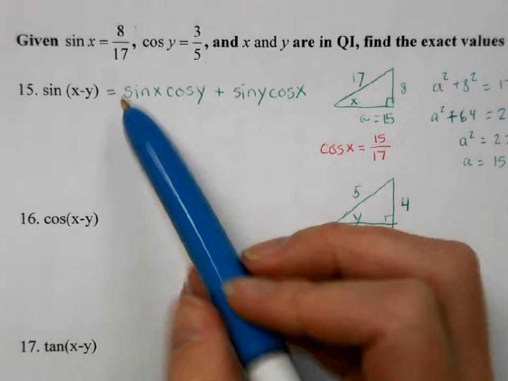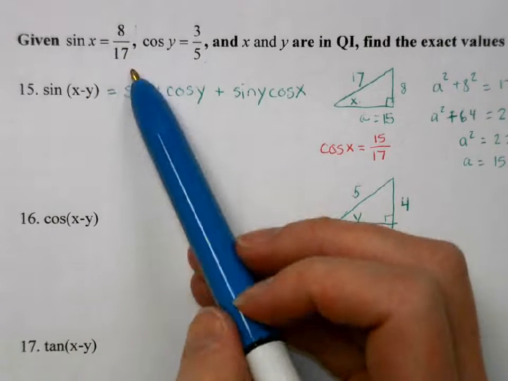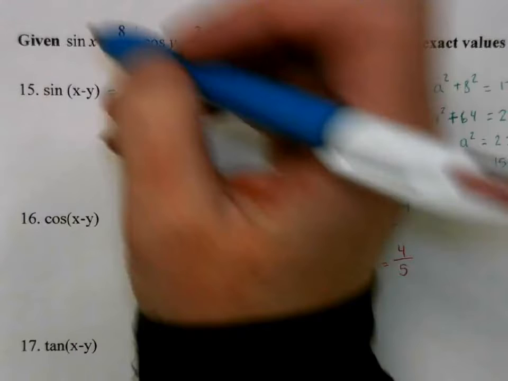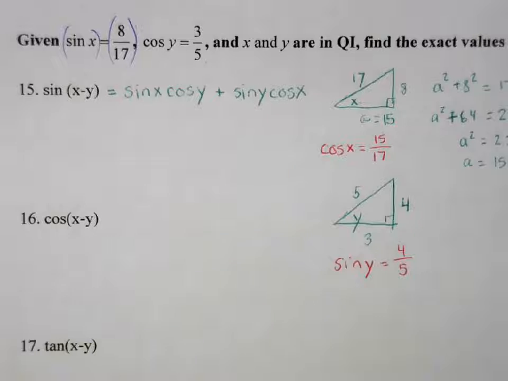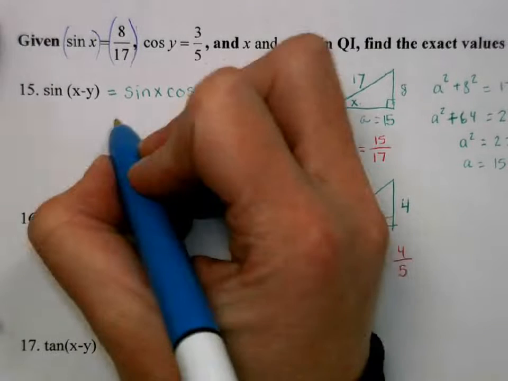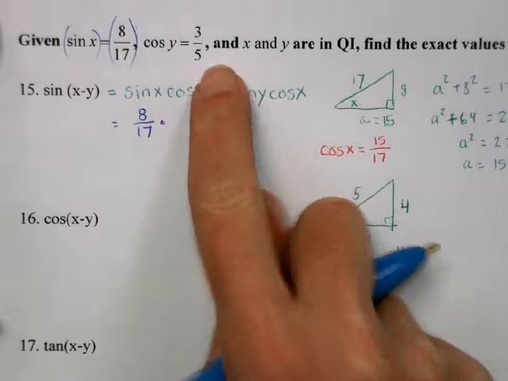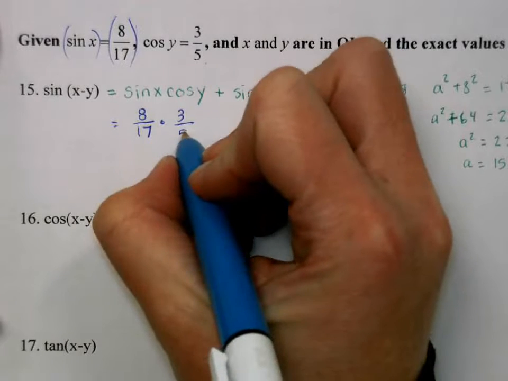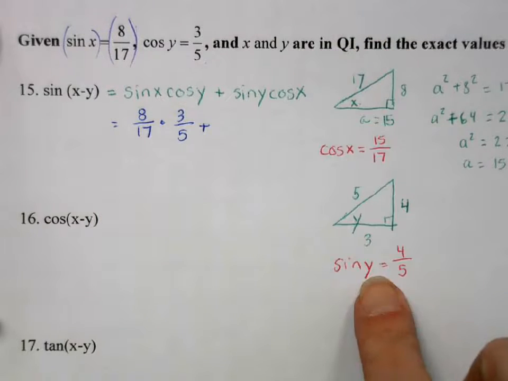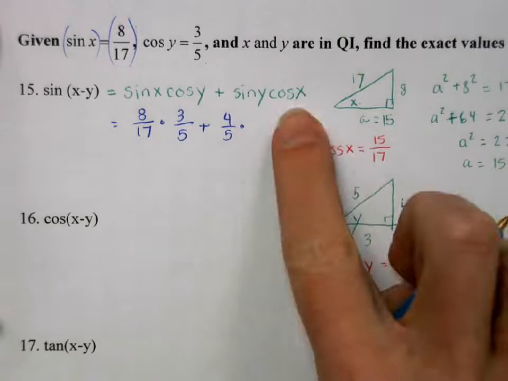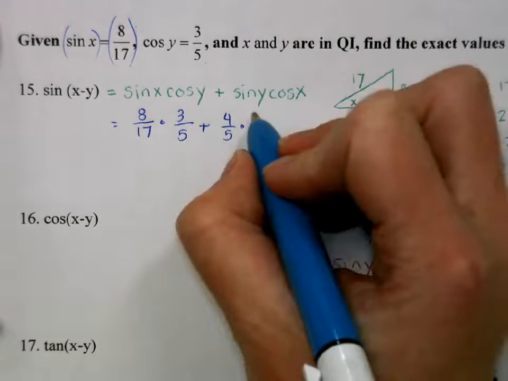It's the sine of x that is 8/17. So this gets replaced entirely with 8/17. So this is 8/17. Cosine of y is 3/5. Sine of mystery angle y is 4/5. And cosine of x we found to be 15/17.